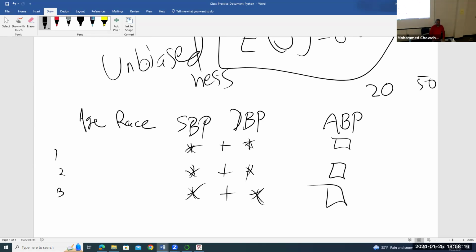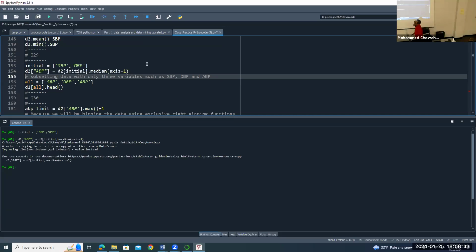What is the mean of this? 20 plus 50 equals 70, divided by 2 is 35. This is the mean. What is the median? Also the same, because you have to add these and divide by 2. So even though in the question I said find the average, here I write the median. And axis equal to 1 means always column. If you put axis equal to 0, then it is row. Okay. So I found this.